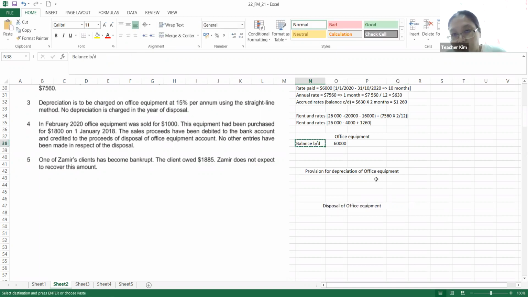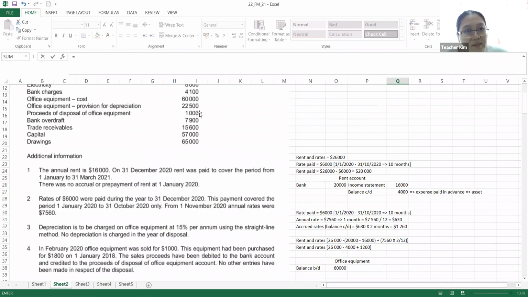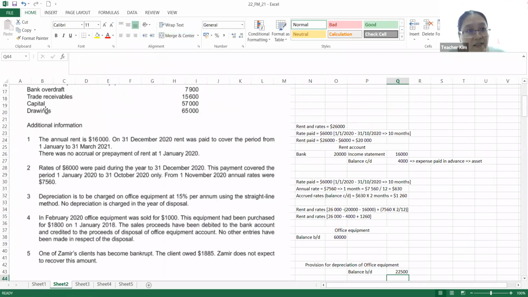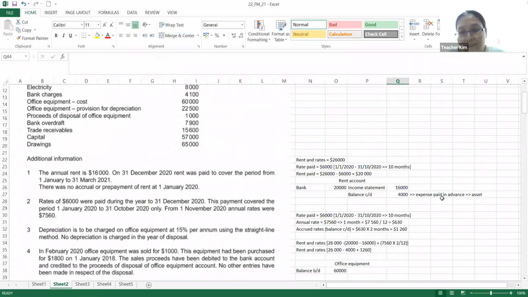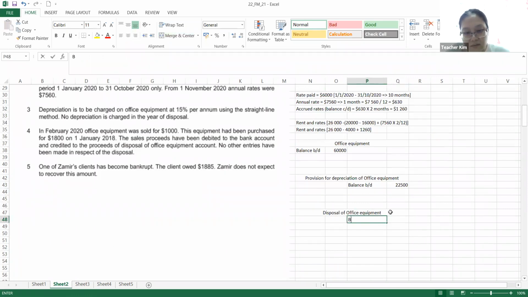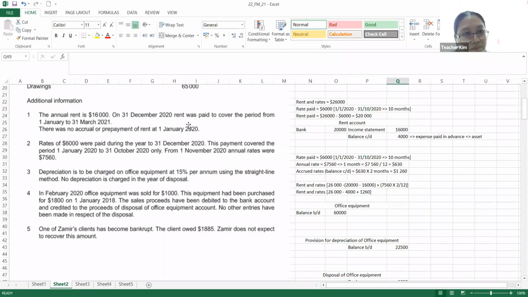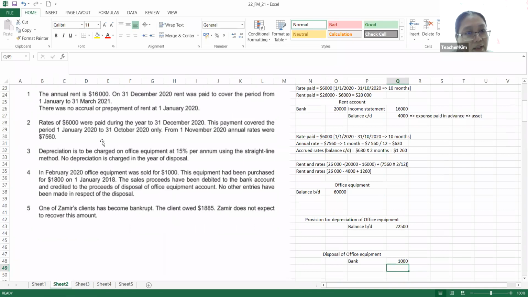We have balance brought down, which is 22,500. And then the proceeds of this 1,000, this is the bank amount, 1,000. Okay. What else do we have?